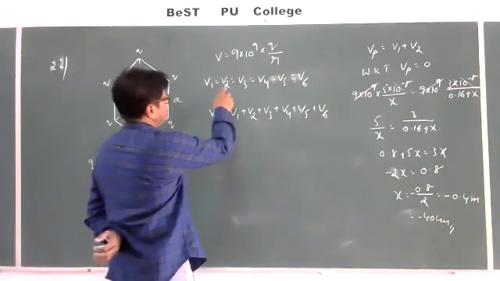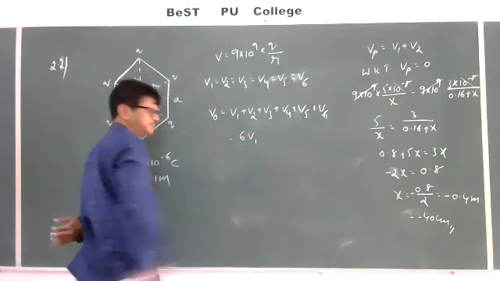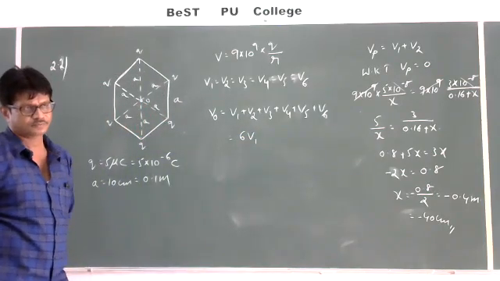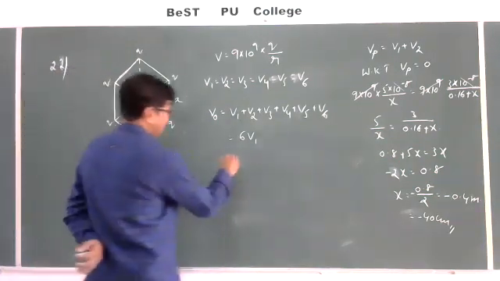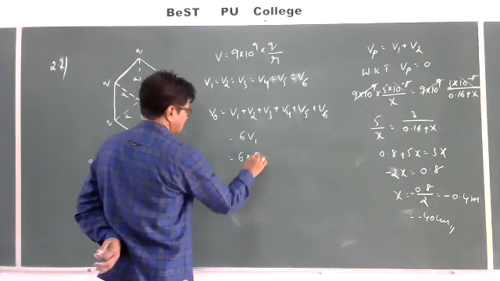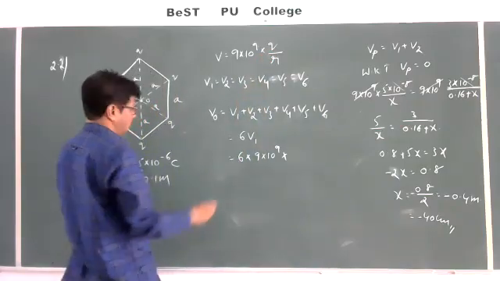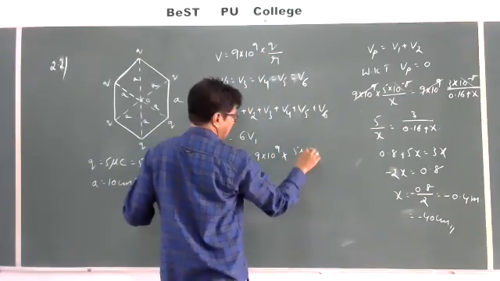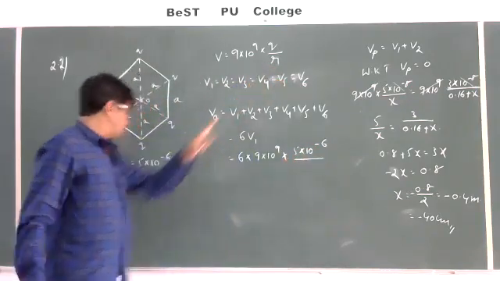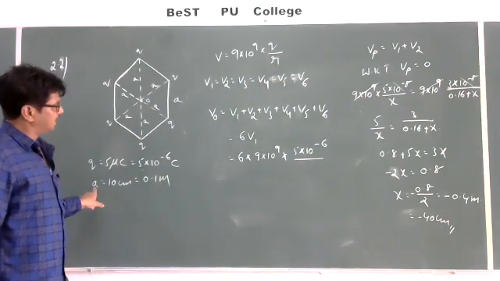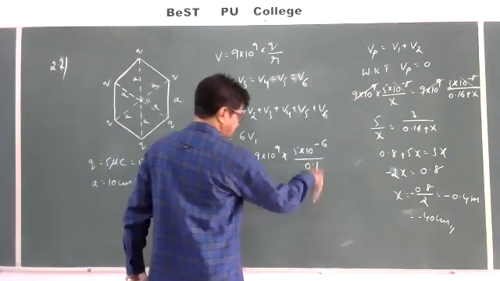So as we know, V1 is equal to V2 is equal to V3, so we are going to have 6V1. 6 V1 value: 9 into 10 to the power of 9, Q value is 5 microcoulomb, 5 into 10 to the power of minus 6, divided by R value. R value is equal to A here, where A is equal to 0.1.